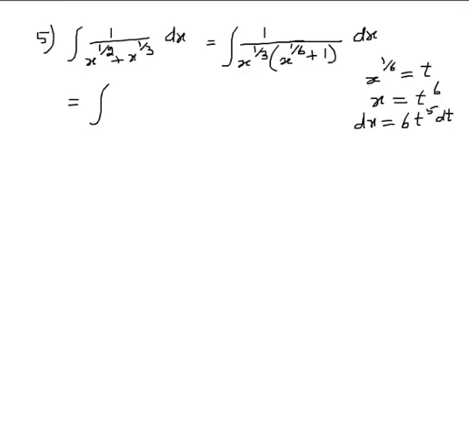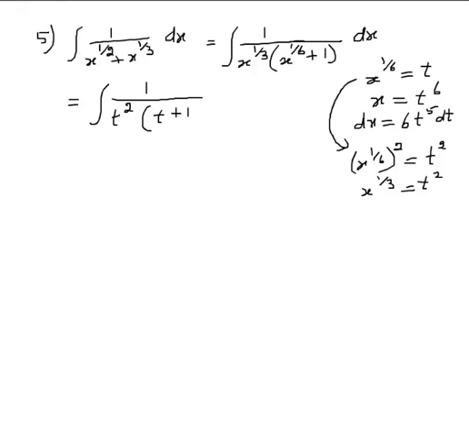Therefore, the integral becomes integral 1 divided by, if I raise it to power 2, both sides of this equation, we get x power 1 by 3, which becomes t square. Therefore, x power 1 by 3 becomes t square, and this is t plus 1.